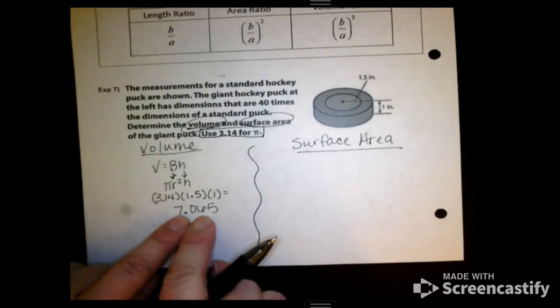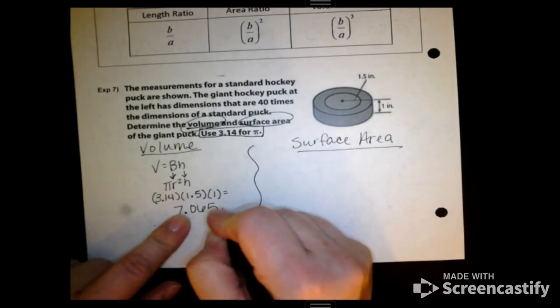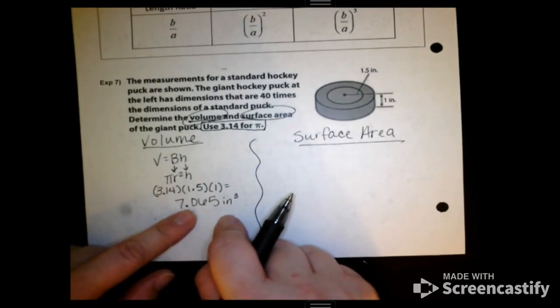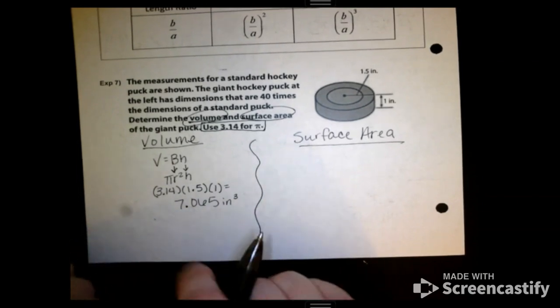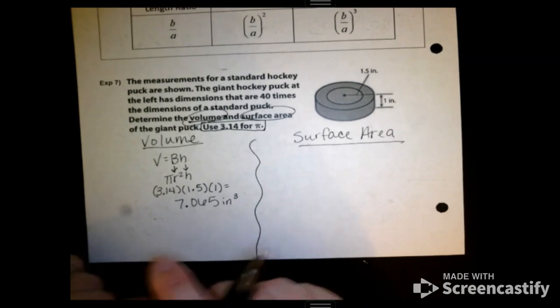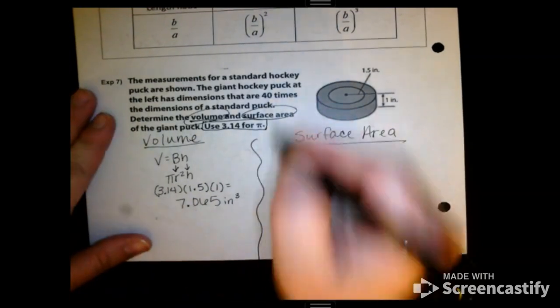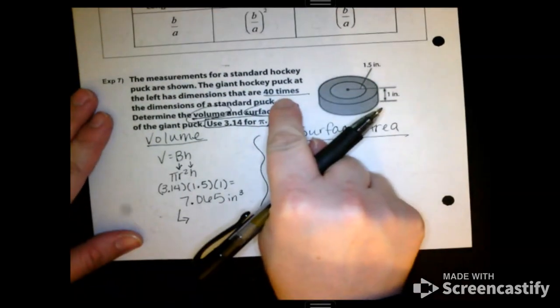What volume is this of? Am I done for volume? No. Why not? What am I multiplying it by? 40. Cubed. Why am I multiplying it by 40 cubed? It says 40 times.